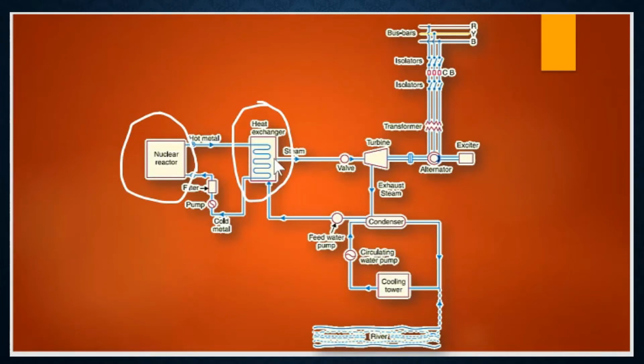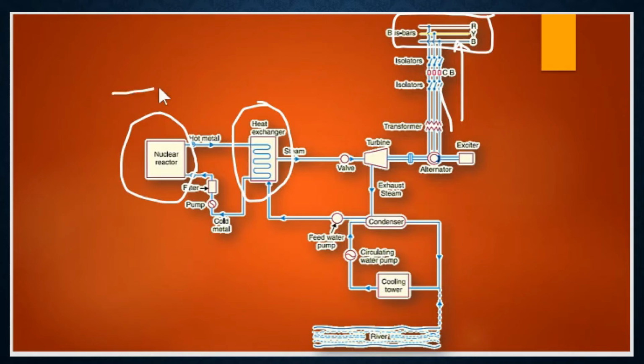That steam we give to the turbine, and the turbine starts rotating and rotates our alternator, and the alternator will generate electricity. It is collected by these three-phase bus bars.